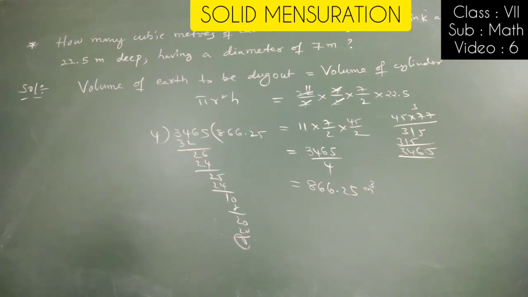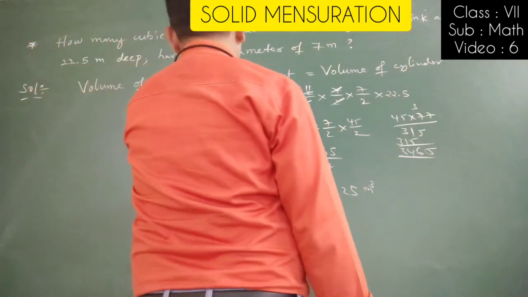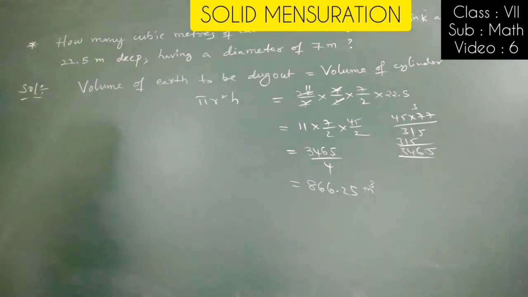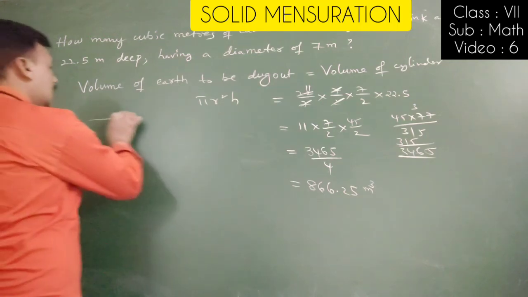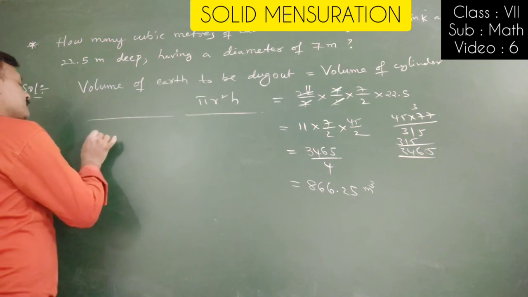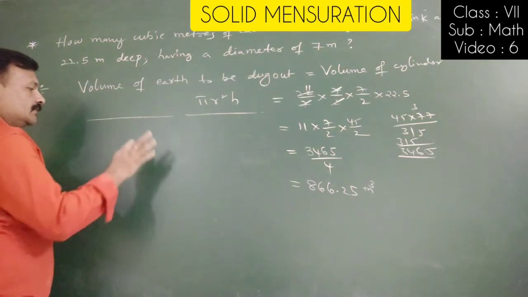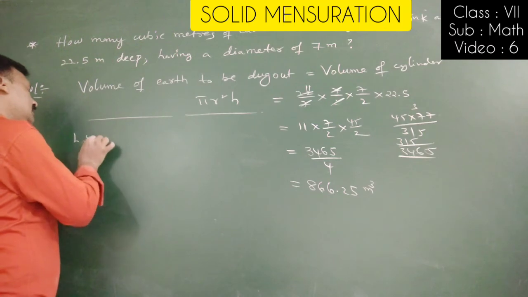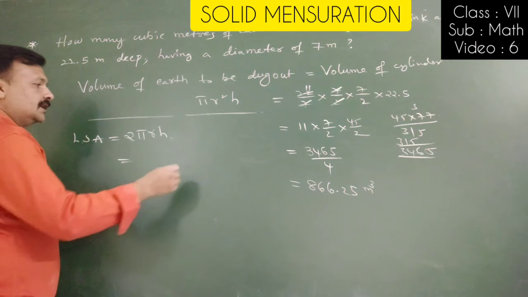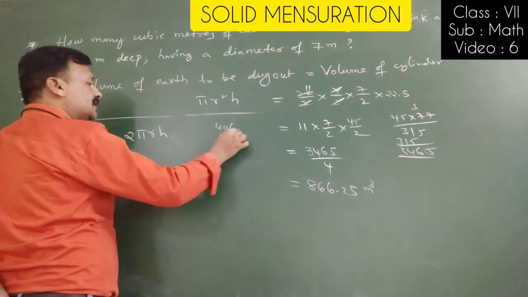We will extend this one to find the cost of plastering the inner curved surface area of the well. We need to find the inner surface area to be plastered. For plastering the inner surface we require lateral surface area, that is 2 pi r h, and the cost is at the rate of 40 rupees per meter square.